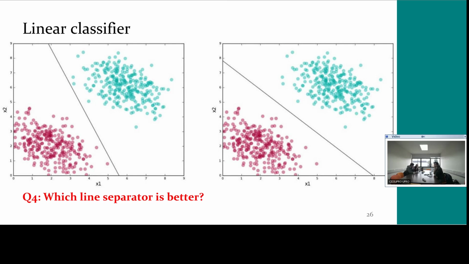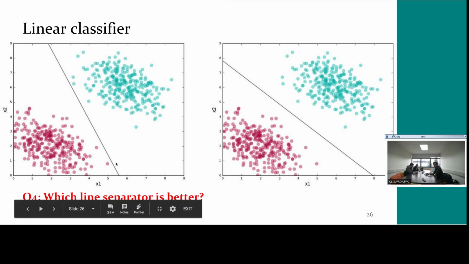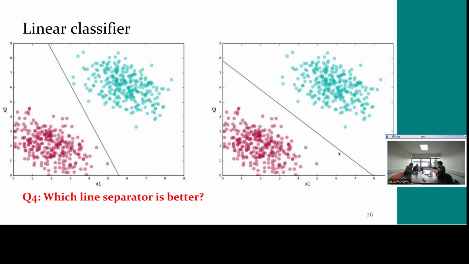The idea is that a point which is here, which is close to the blue ones, should also be blue. One point which is maybe here is still considered close to the red ones, so we would like to have it red. So in this case, this model is working better because it's more balanced.